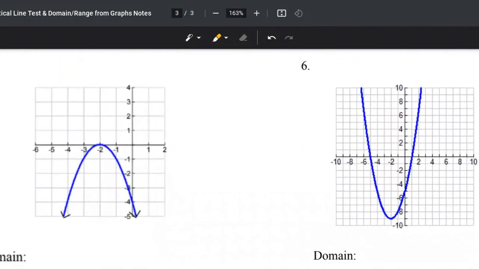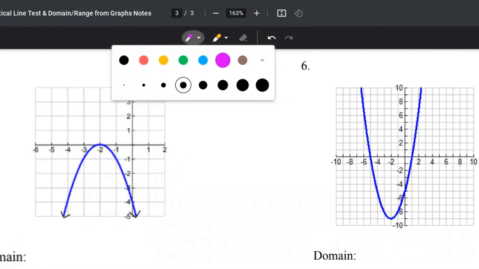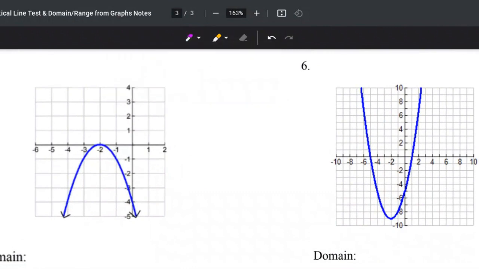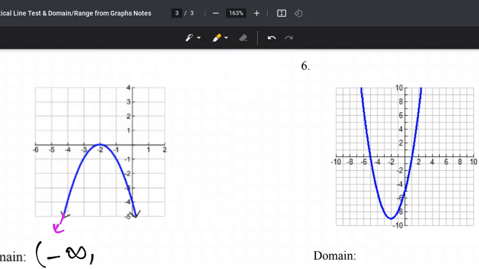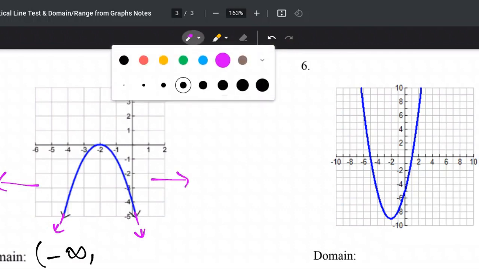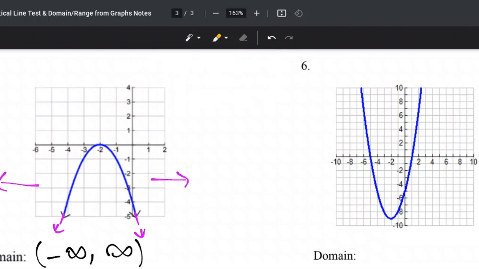Let's check out some of these other examples. For our domain here, how far left does the graph go? It goes to negative infinity. How far right does the graph go? It's going both forever left and forever right to positive infinity.